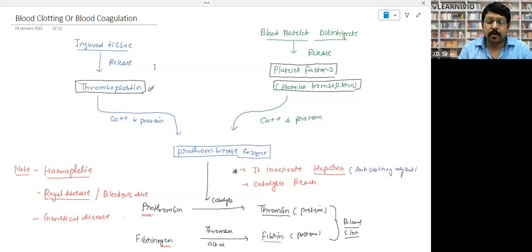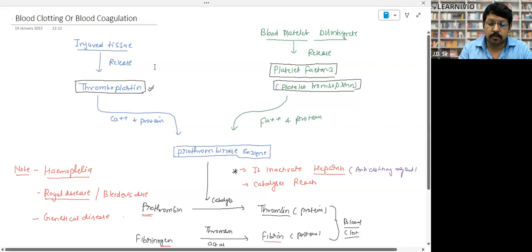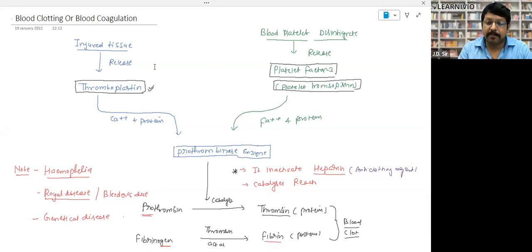When blood comes in contact with the air, the anti-clotting factor, like heparin, is stopped. At that point coagulation of blood takes place, and that prevents excess flow of blood. That is beneficial. After some time this gel becomes harder and harder, fills that gap, and prevents the loss of blood from the body during the injury.